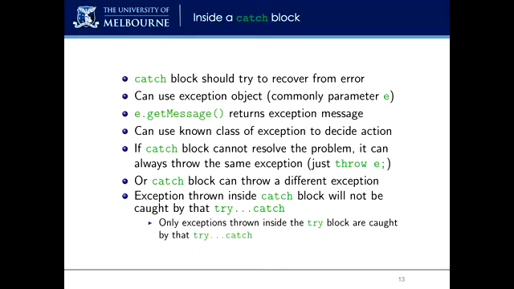So you can just carry on working and have that information for whatever you need to do with it. And again, if you have one catch or any amount of catches and none of them can solve the error, the last catch can just throw the error.